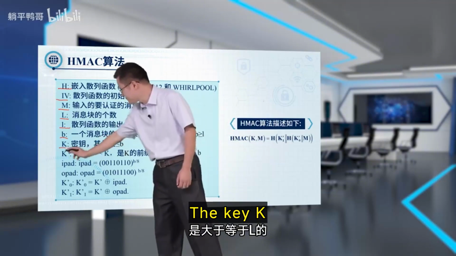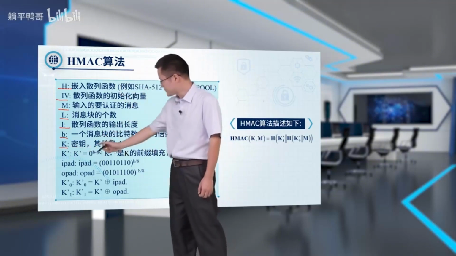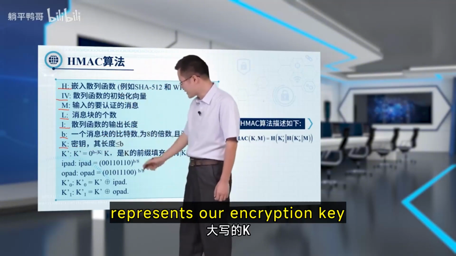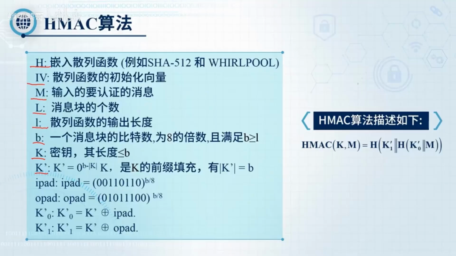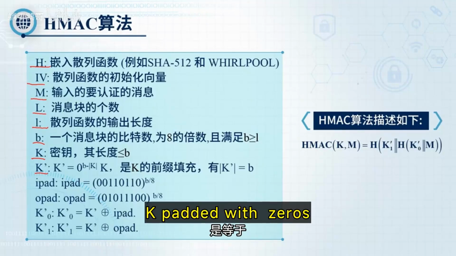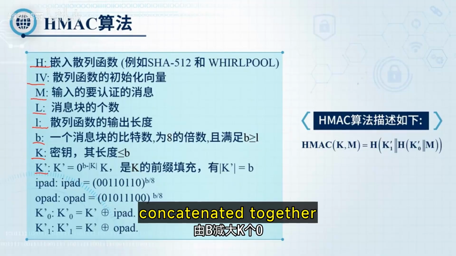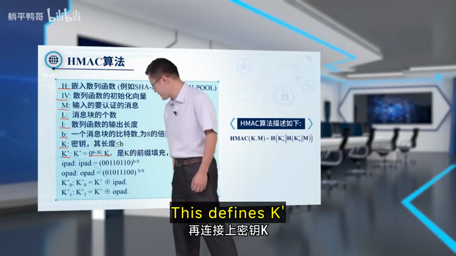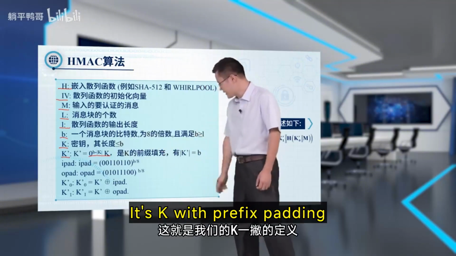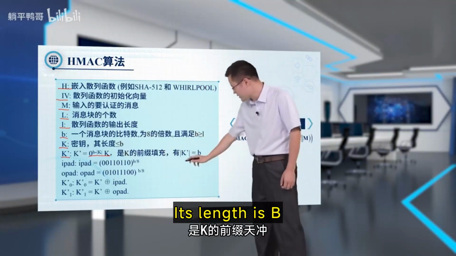The key K represents our encryption key with length n, then K padded with zeros, concatenated together, gives K+. This defines K+. It's K with prefix padding. Its length is b.